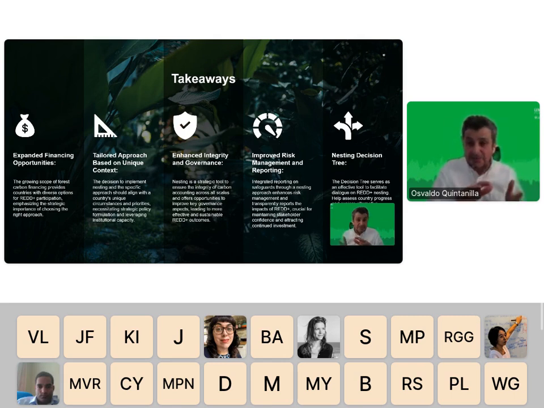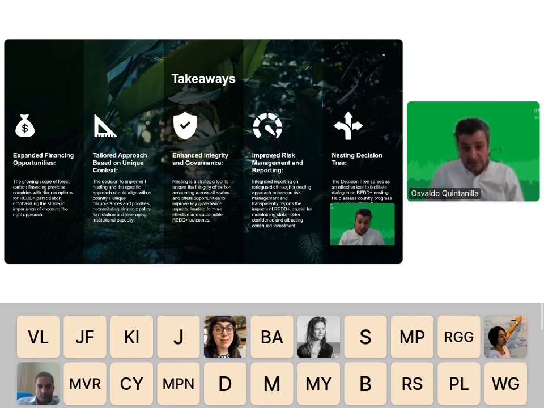Second, a tailored nesting strategy should be based on each country's unique context, aligning with national priorities, regulation, and leveraging institutional strengths. So nesting also plays a critical role in enhancing integrity and governance, ensuring robust carbon accounting and more sustainable REDD Plus outcomes.